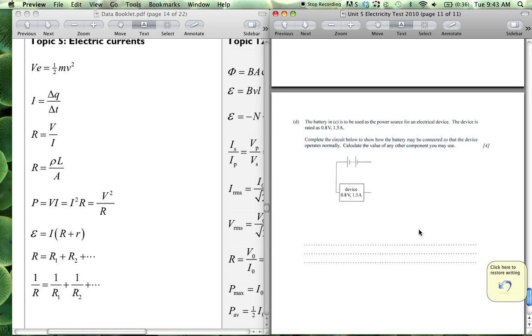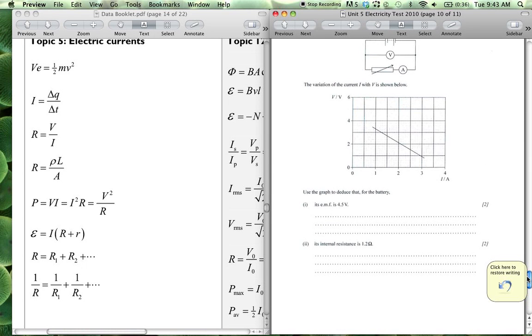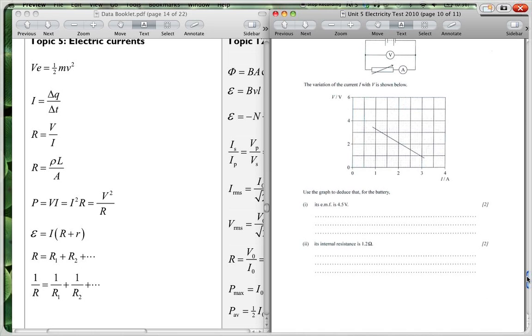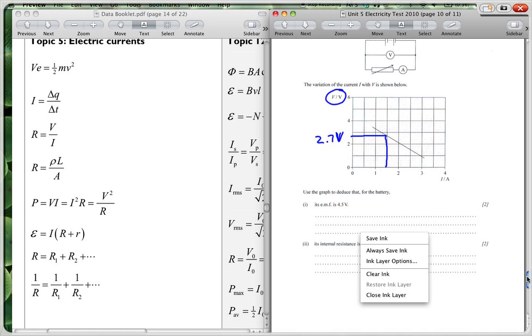Now let's go back here. When I have a 1.5 amp current there, it will deliver a potential difference for the circuit of about 2.7 volts. So remember that value, we're going to use it.